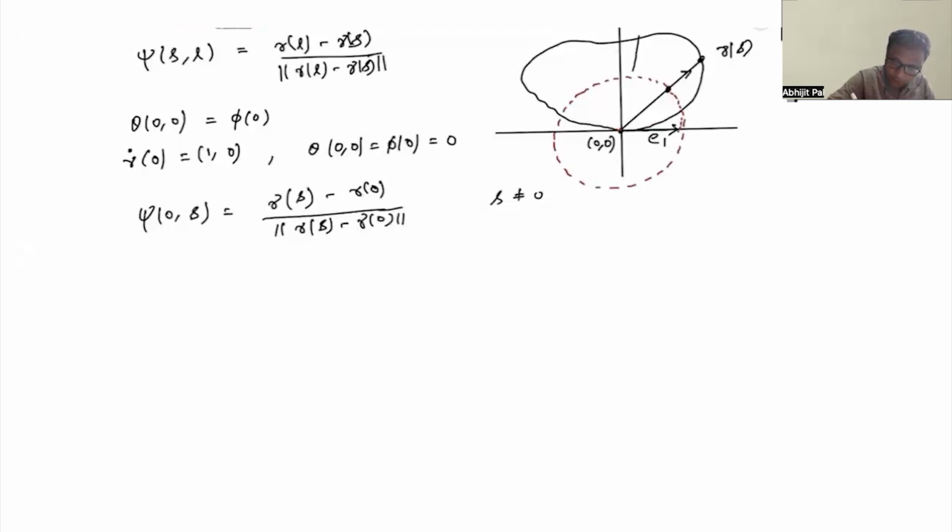This point is basically my psi 0s, and this angle is theta 0s.